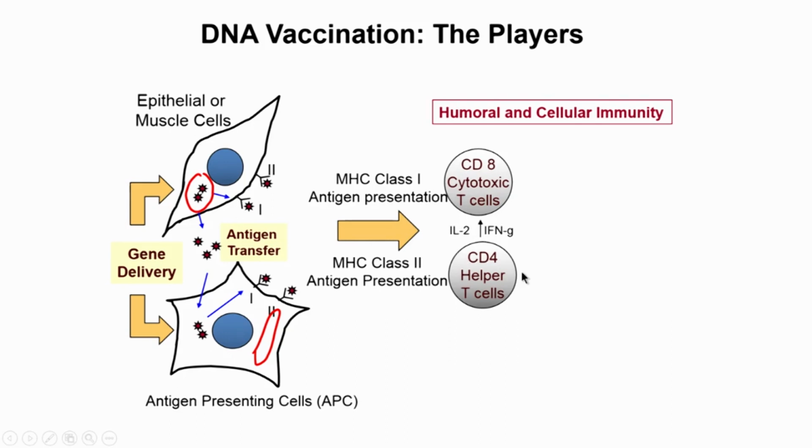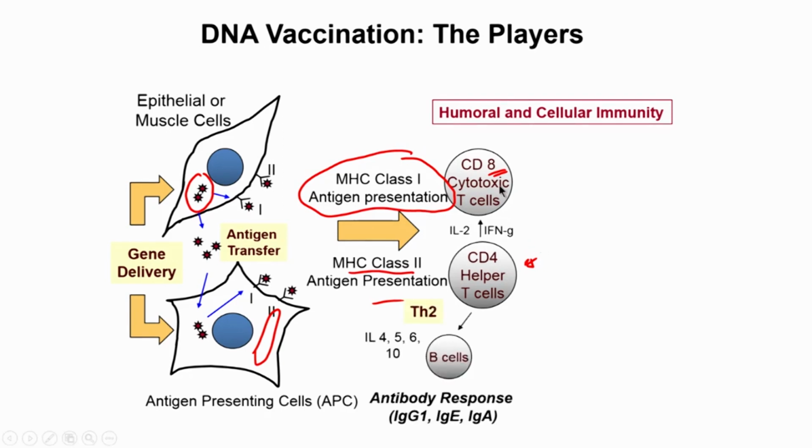If the presentation is through the MHC class 1, as I just mentioned, you will get a CD8 cytotoxic T cell response. If the antigen is through the class 2, which means through the endosomal route, you will get the CD4 helper cell as well as the B cell response.